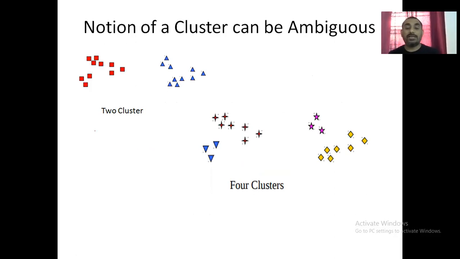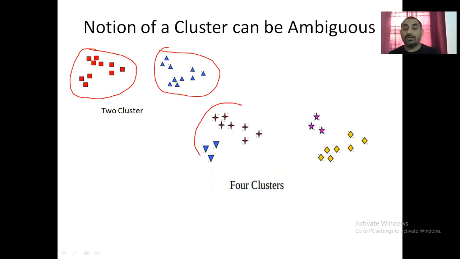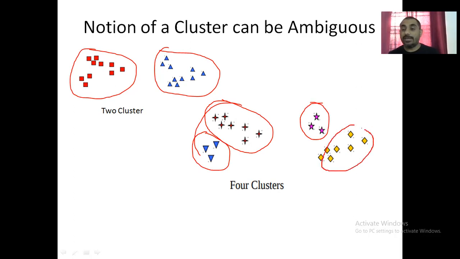Here is another example. On the basis of their characteristics, we form two groups, one cluster group and another cluster group. So this data is divided into two clusters, and here you can see, based on the characteristics of data, we can form four different clusters.